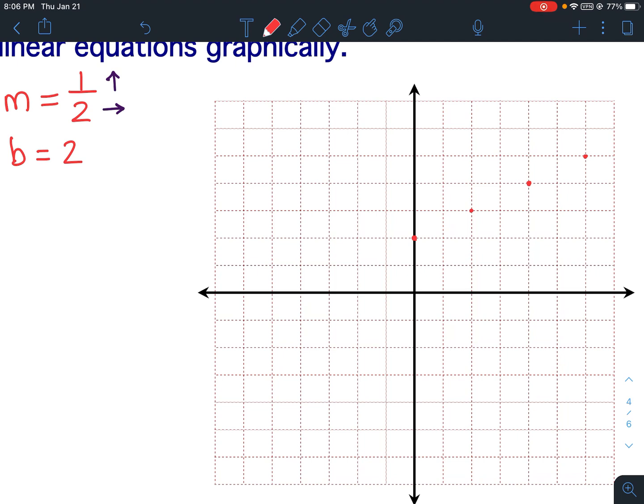Once you've gone up and to the right as far as you can, the opposite of up is down, the opposite of to the right is to the left. So go back to your starting point, go down 1 to the right 2, down 1 to the right 2, down 1 to the right 2.